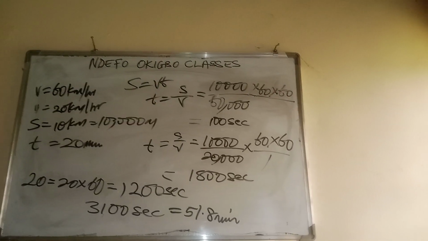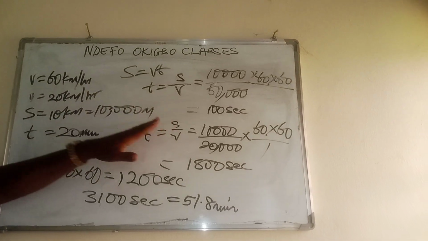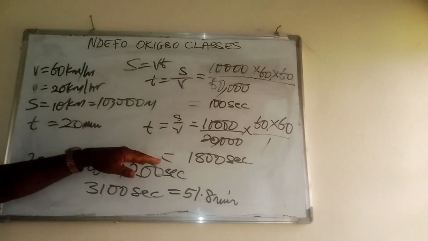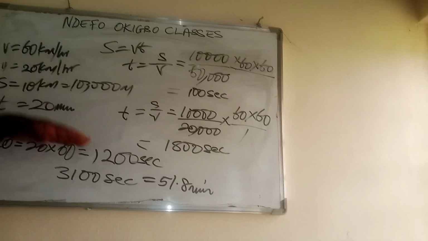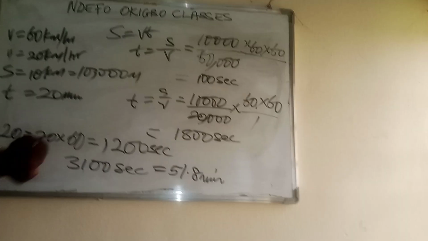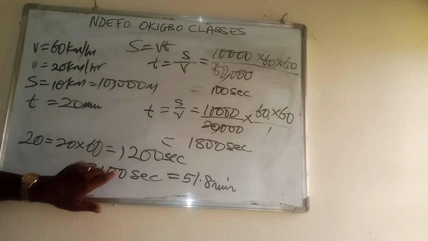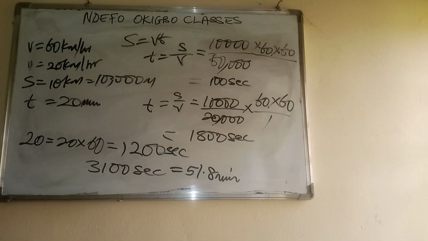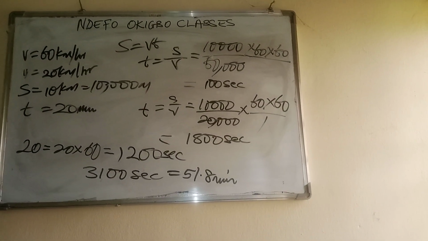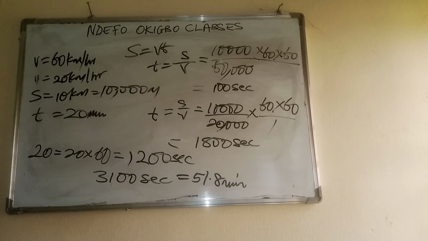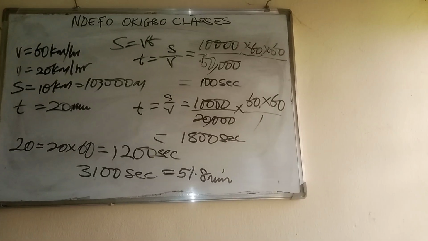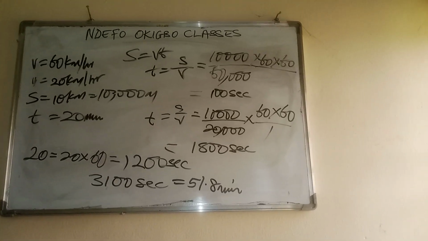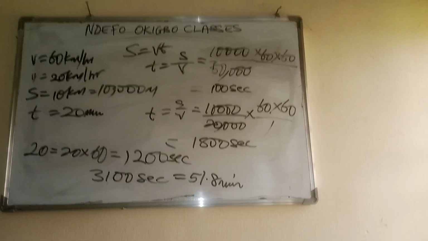That's the question. We got the time of going, the time of coming back depending on the speed, then the time of loading and offloading. We had all of them and got the total time it took. A sand tipping vehicle went empty to a borrow pit at 60 kilometers per hour and came back loaded at 20 kilometers per hour.